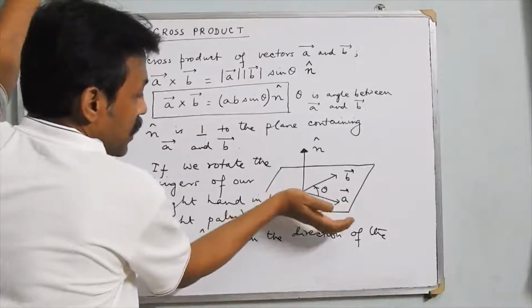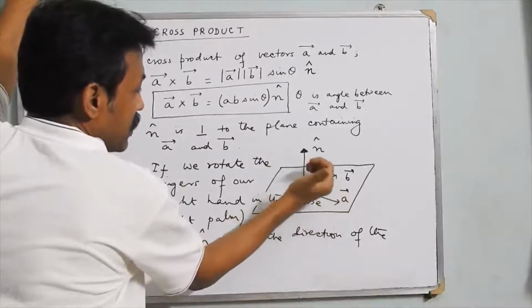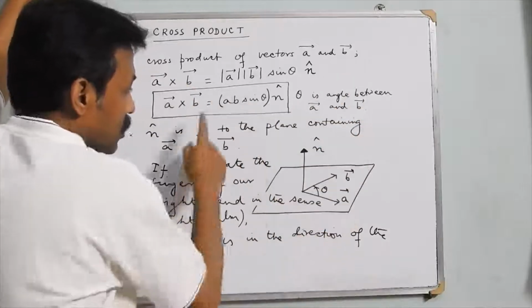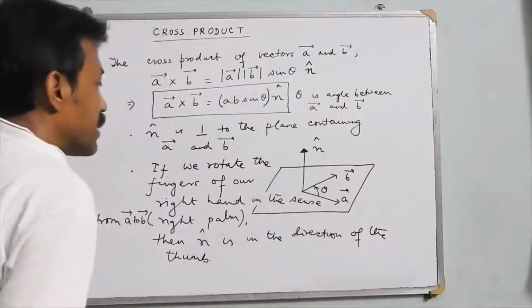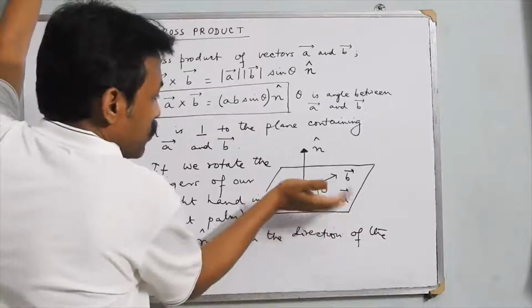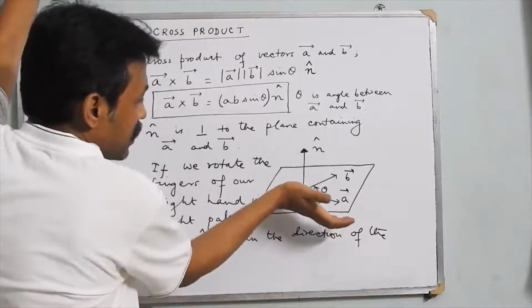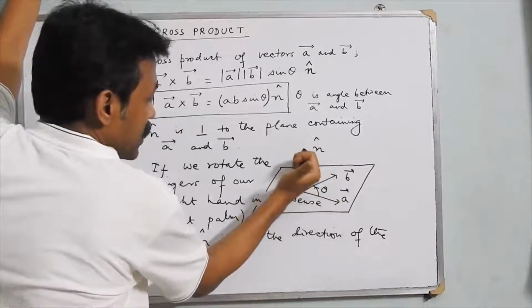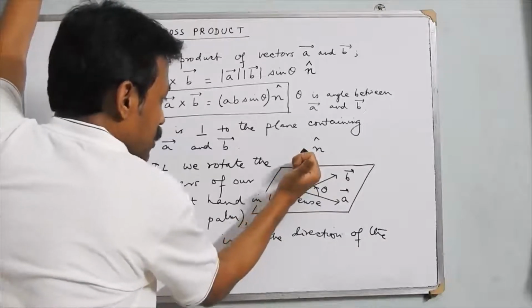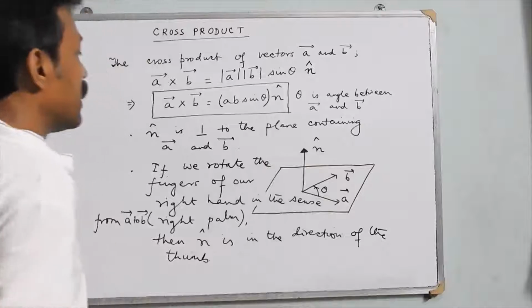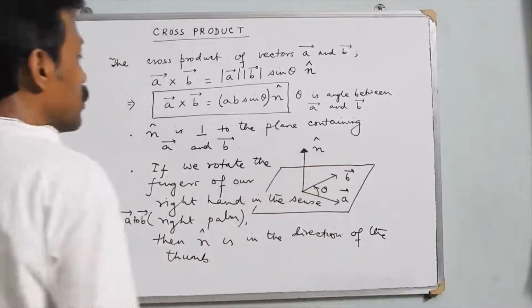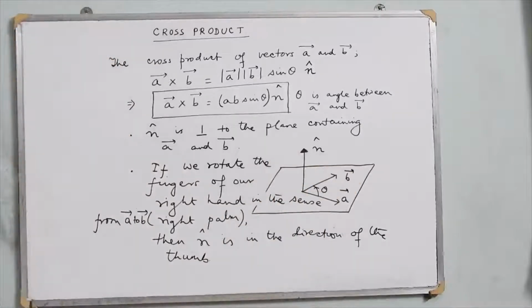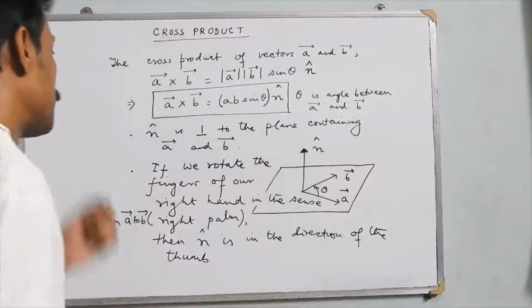Suppose the plane of the board contains A vector and B vector. A cross B means rotate the fingers from A to B. Then obviously the thumb is pointing out of the plane of the board. So in this sense you can say n hat is perpendicular to the plane of the board because the vectors A and B are on the plane of the board.